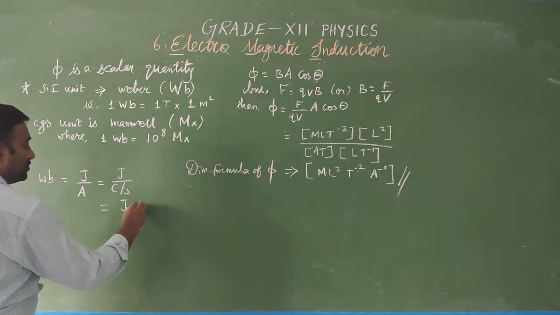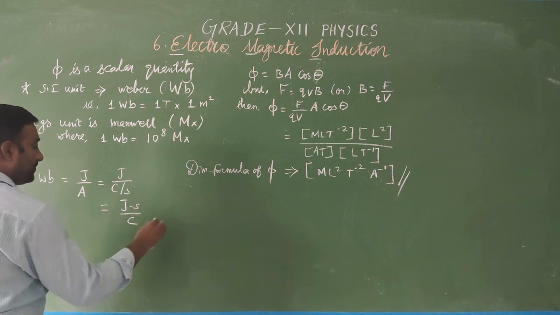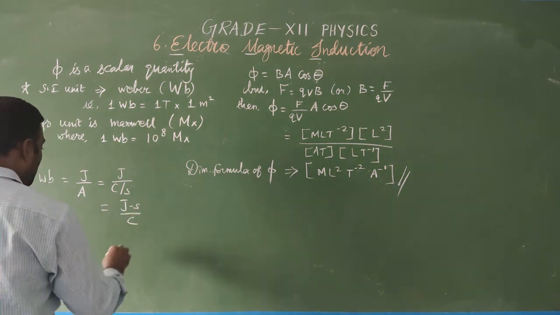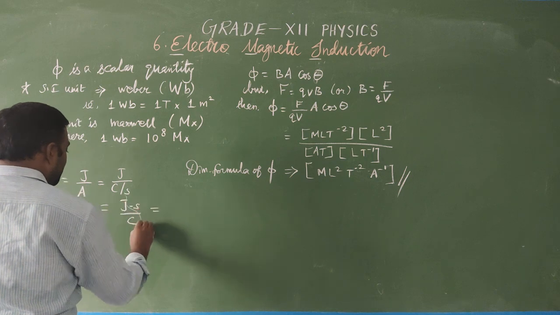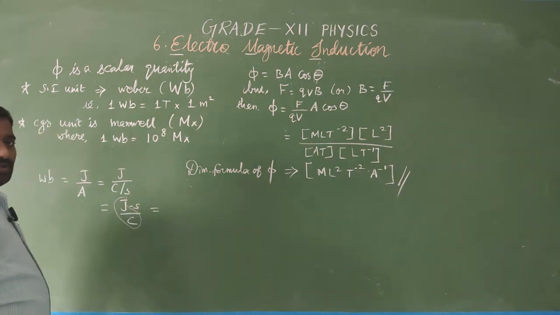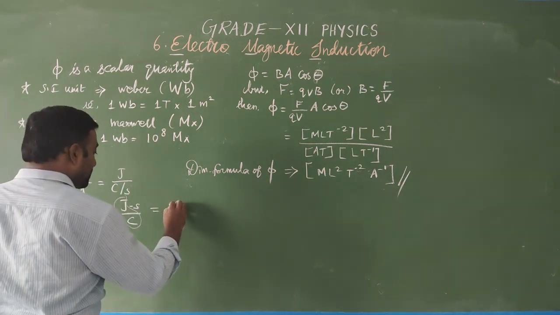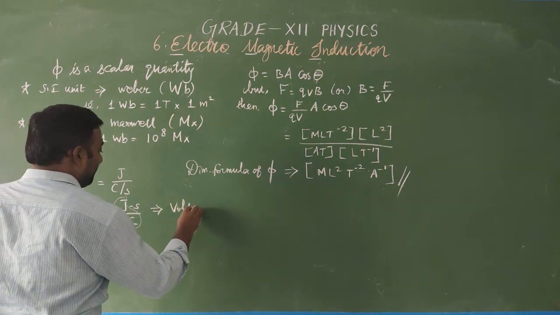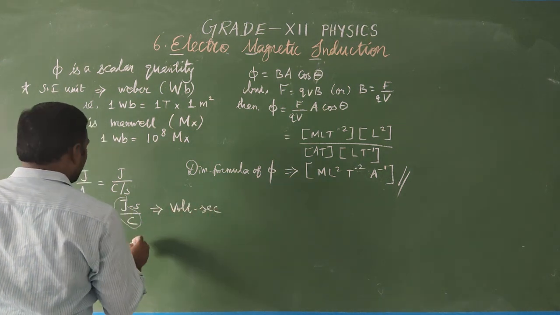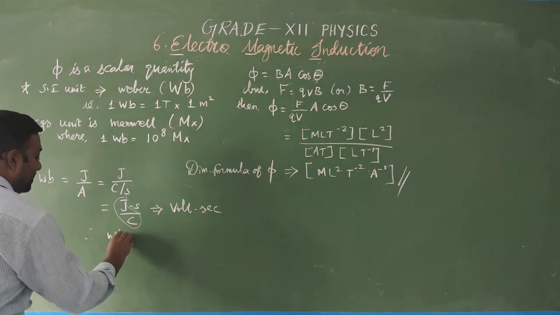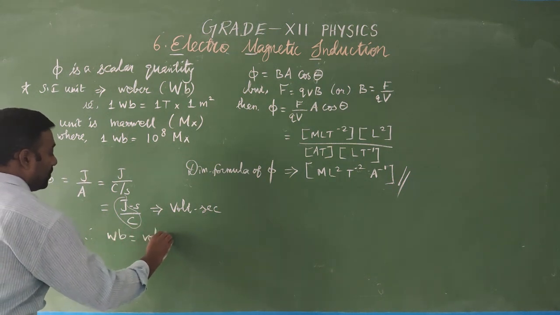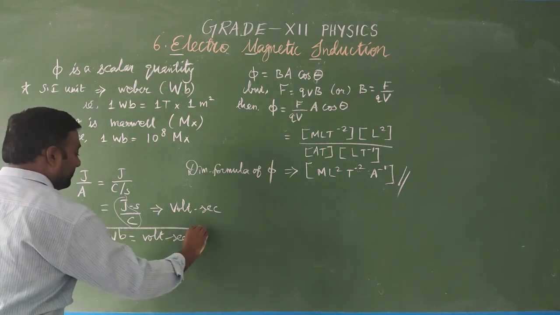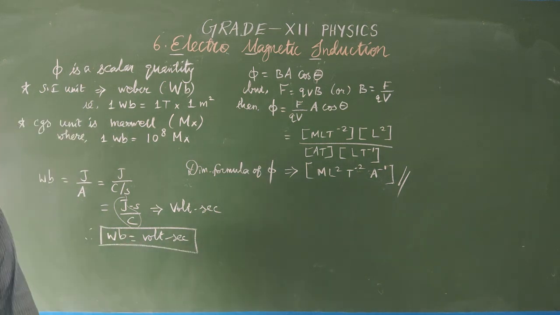So joule second by coulomb. Joule per coulomb is nothing but potential, work done by charge, and the unit is volt. So Weber is equal to volt into second.